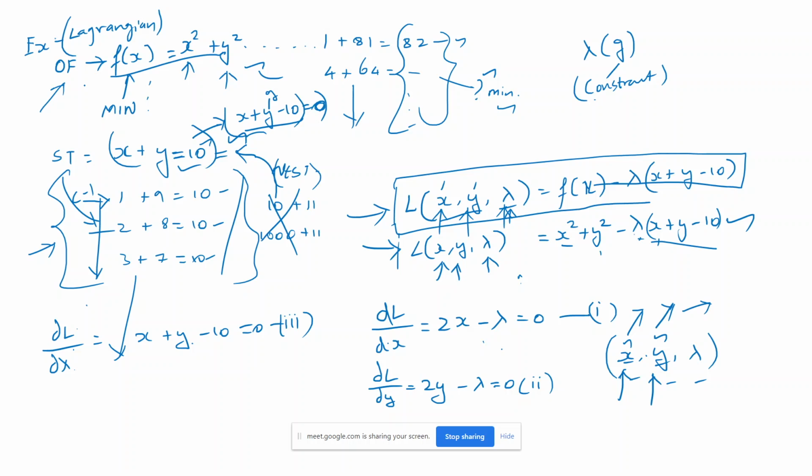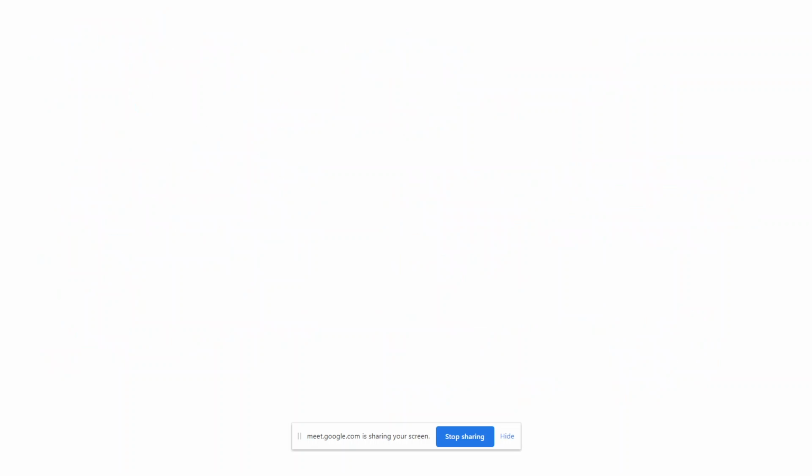Okay, any doubt in this Lagrangian method? It is just an example to understand how this is going to be helpful. And with this input, now come back to our original problem statement. So what is our original problem statement? Objective function, anyone recall?